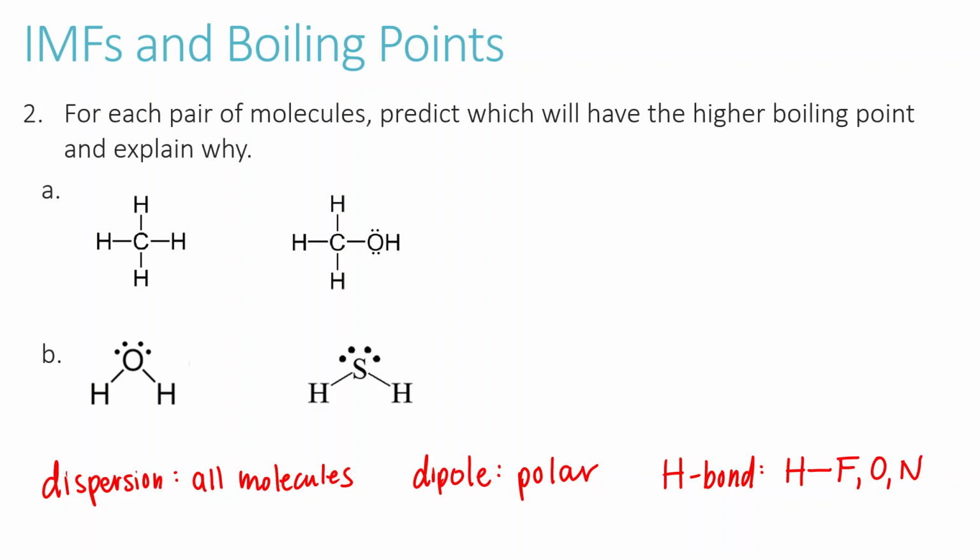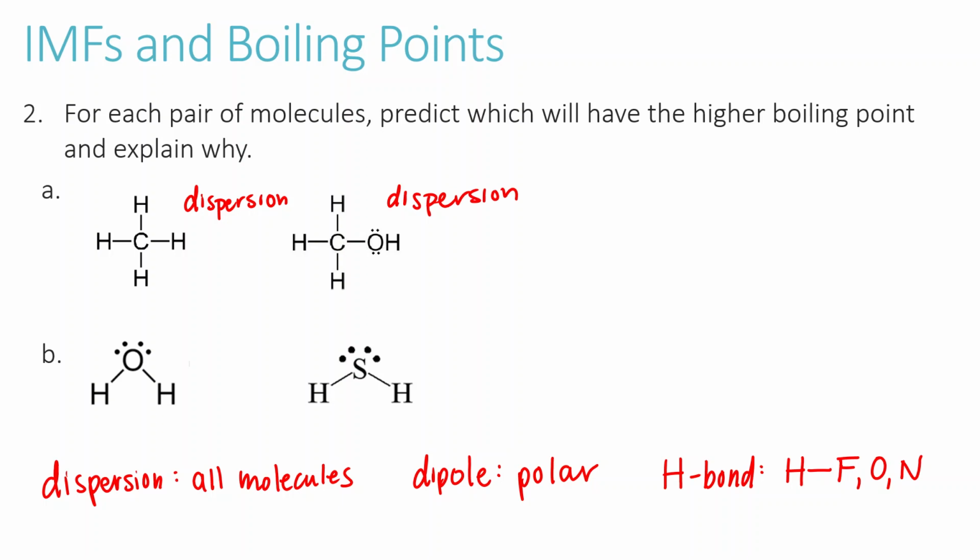So let's take a look at A. So we have methane and methanol here. So both of these are molecules. So these are both going to have dispersion. Dipole-dipole occurs in polar molecules.